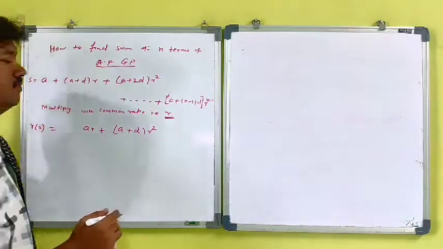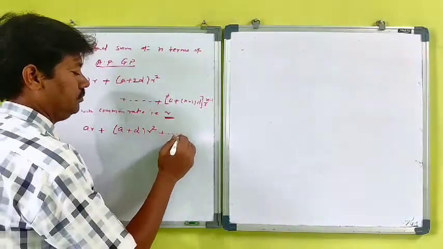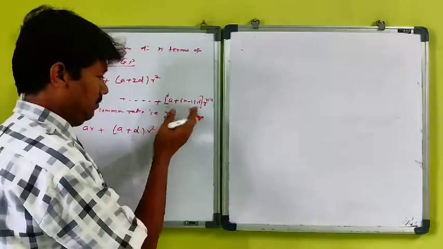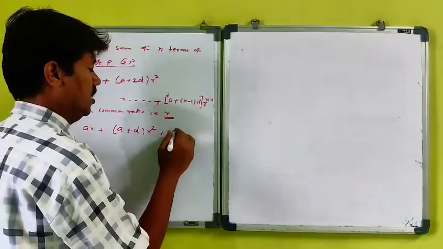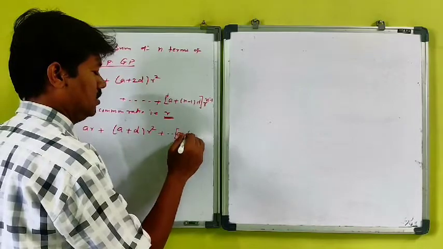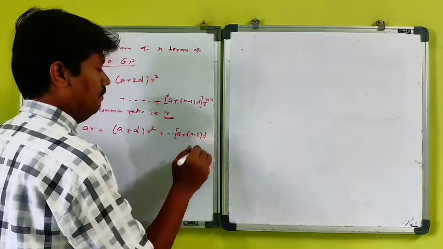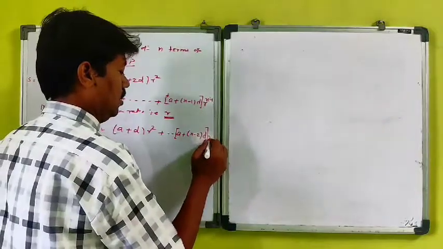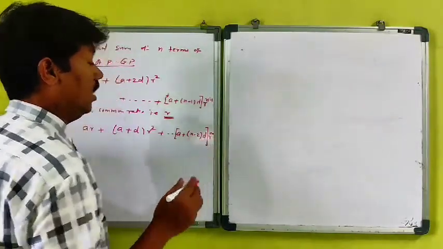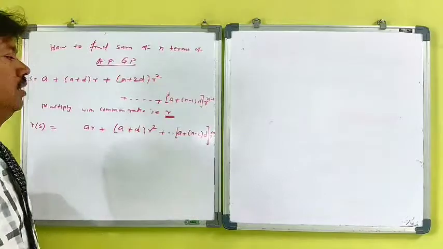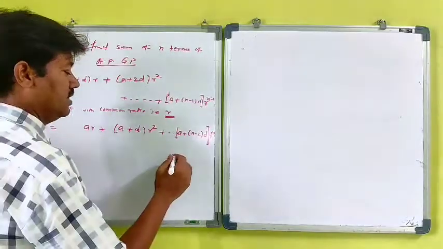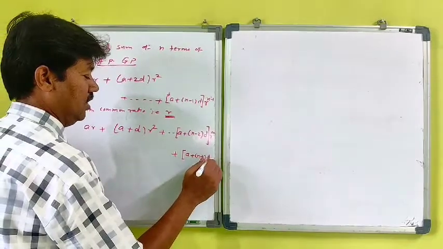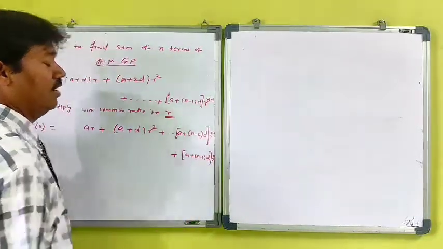So like this. The previous term of this is (A plus (N minus 2)D) into R raised to N minus 1, and one more term will come. That is (A plus (N minus 1)D) into R raised to N, like this.